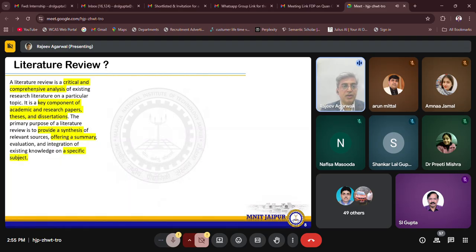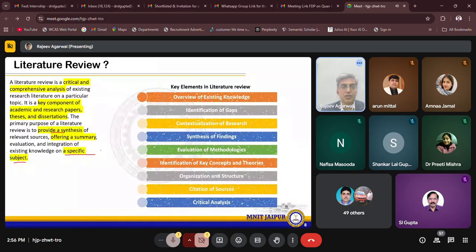So it's a critical and comprehensive analysis. Provide a synthesis, a summary, knowledge on a specific subject. So you need to know the existing. You cannot directly go to AI and search. First, you need to have a fundamental knowledge.